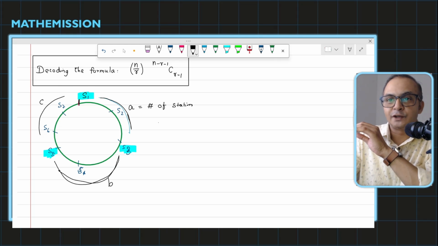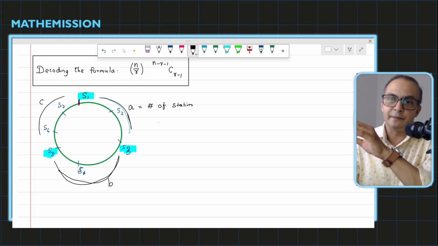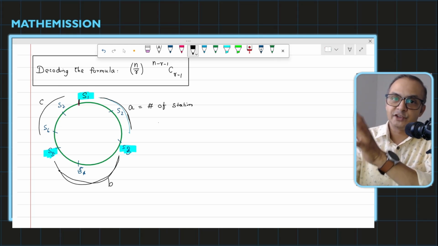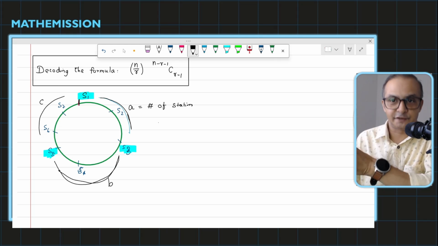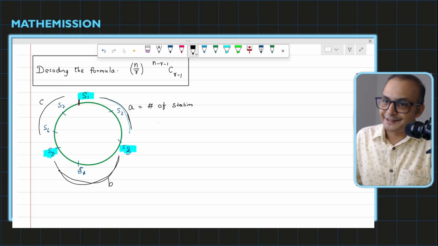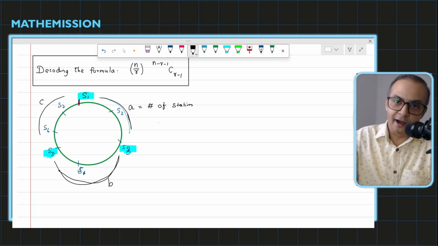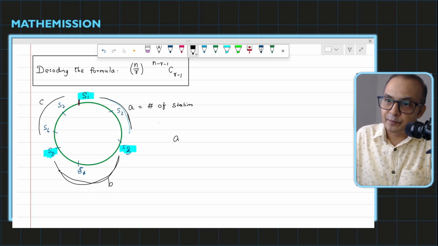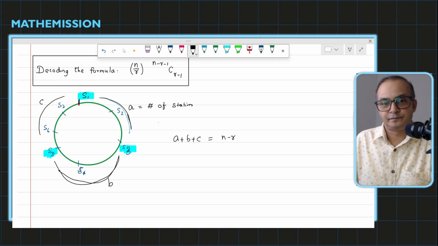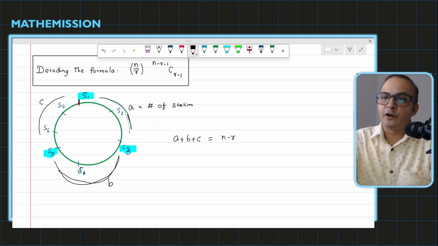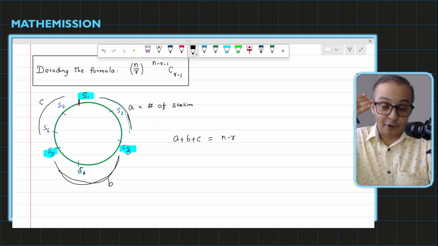So these are the only three gaps we make between them, so that each gap will contain some number of stations. But the idea is that the total number of stations was n. You have already removed r. It means A plus B plus C must be n minus r. Yes or no? Because you have already removed r out of n.